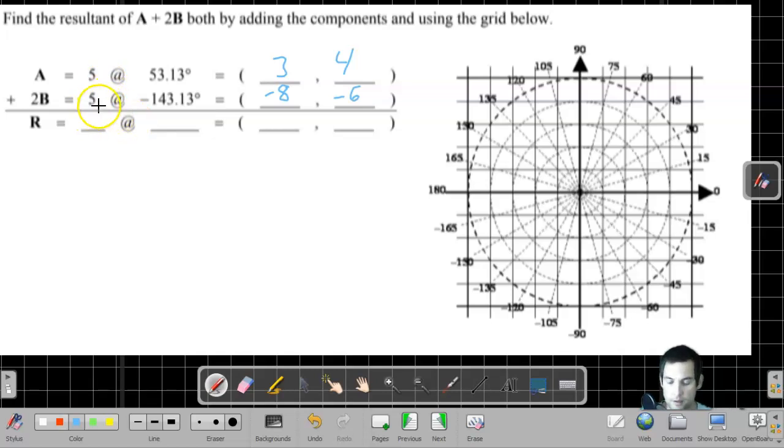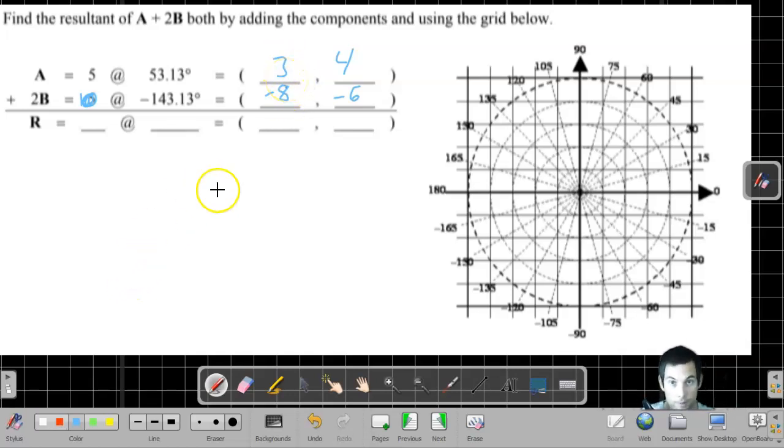Let's see what we got. So 2B is not magnitude 5, it's magnitude 10, right? So 5 plus 10 is... No, not 15. To find the resultant, remember we're adding up the x components and the y components.